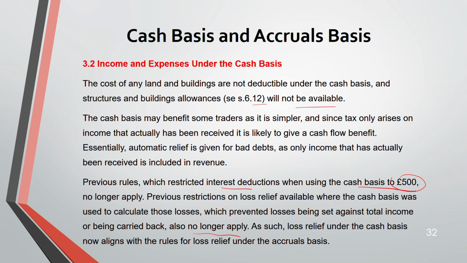Earlier there were differences between cash and accrual basis in terms of loss relief and interest deductions. Now both are the same. You can deduct the losses against your total income, and also carry them back, whether it's under cash or accrual.